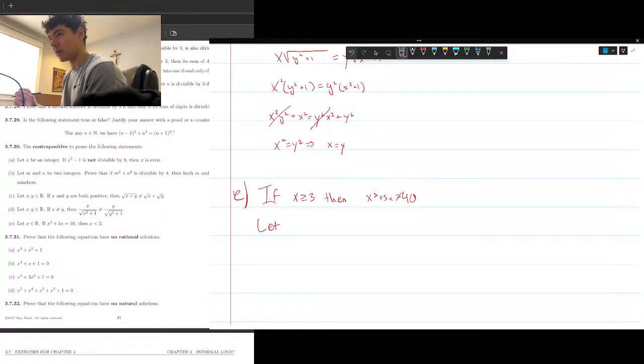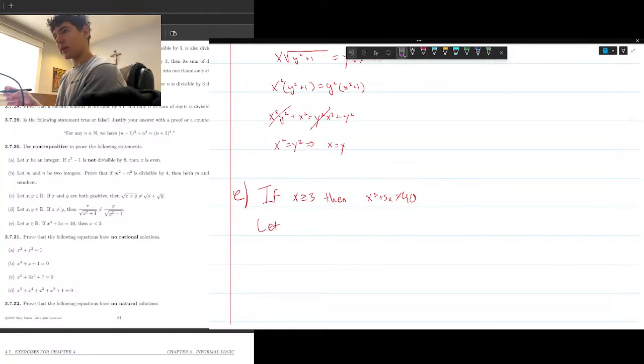And x is less than 3. Oh, they're allowing negative numbers as well. Interesting. I don't even know, I think it would have to be positive anyways.